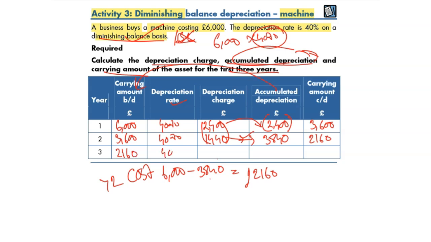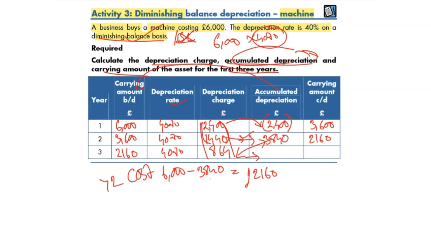We do 40% on it. I have a calculator in front of me, times 0.4. I'm saving a little time here. 864 is the depreciation charge. But how much is the accumulated? Added up of all of it, or you can add these two. Accumulated last year and the charge this year is the accumulated this year basically.